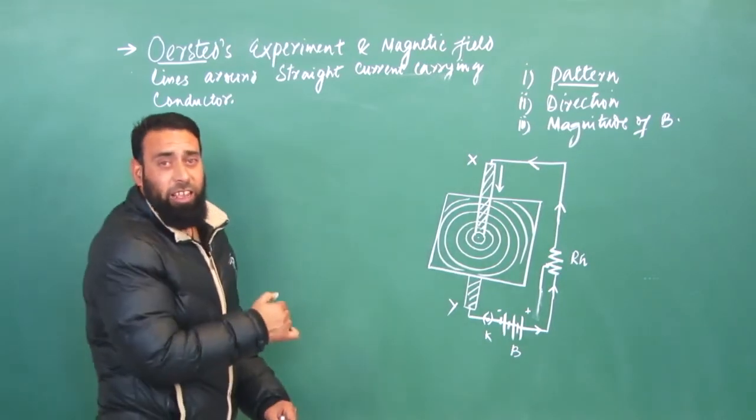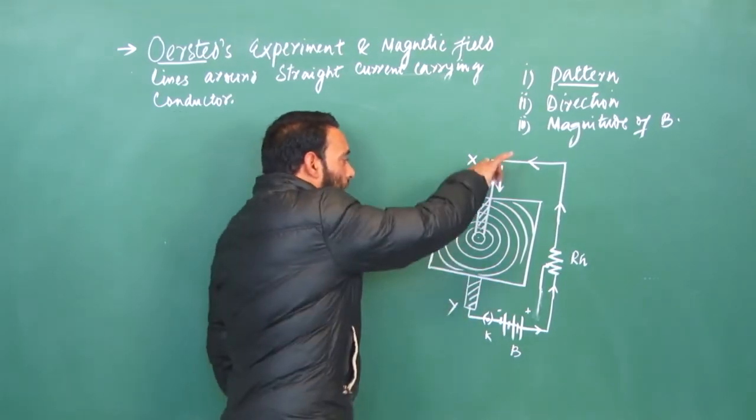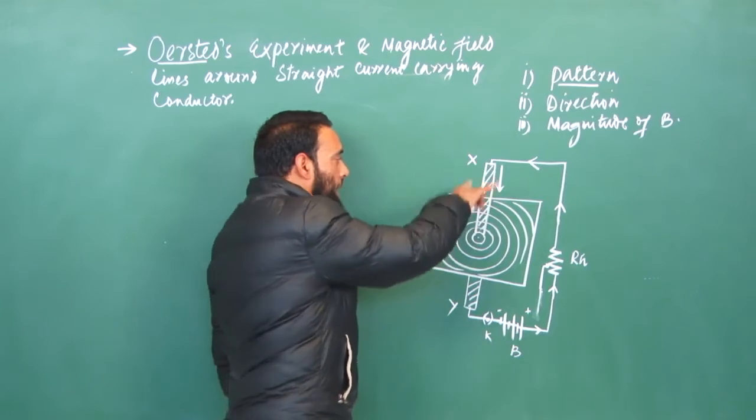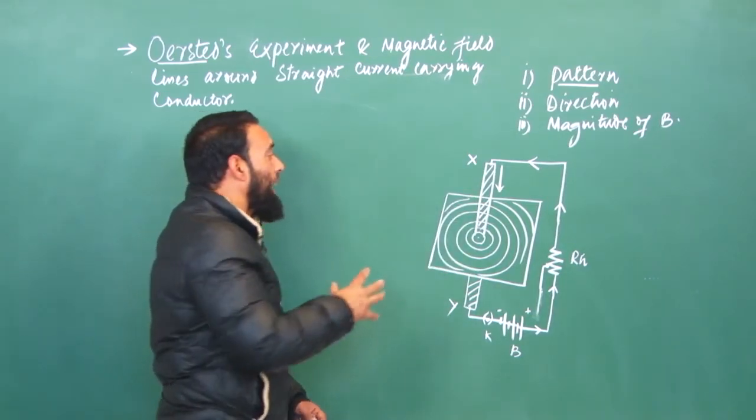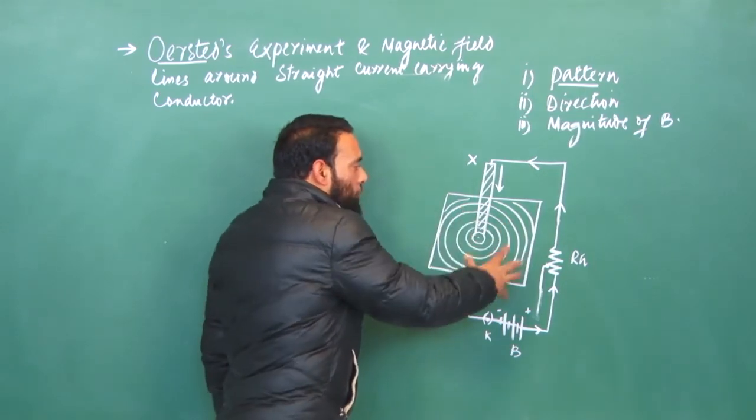So, as per this experiment, we have found that when a current flows through the conductor, that conductor becomes a magnet, and around this magnet there is a magnetic field, magnetic lines of force.